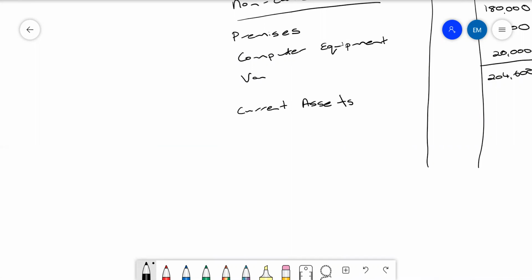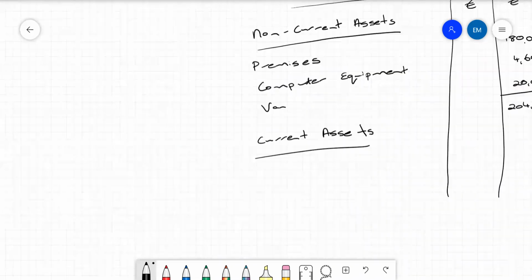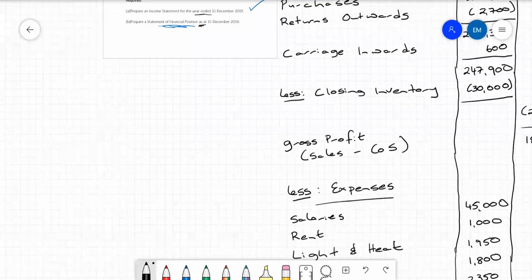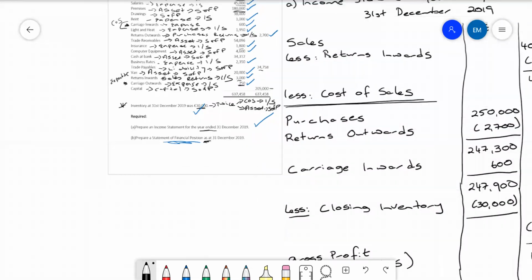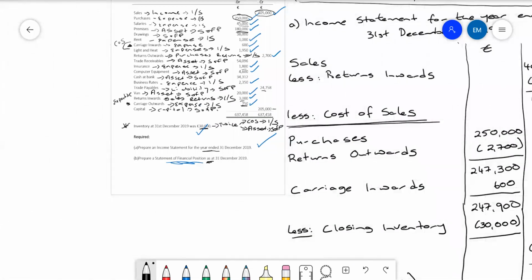Current assets. So again, you'll be identifying the current assets as anything that you own and is convertible into cash within a period of 1 year. So first of all, we have, what have we got? Our debit balances. We have our trade receivables, €54,096.